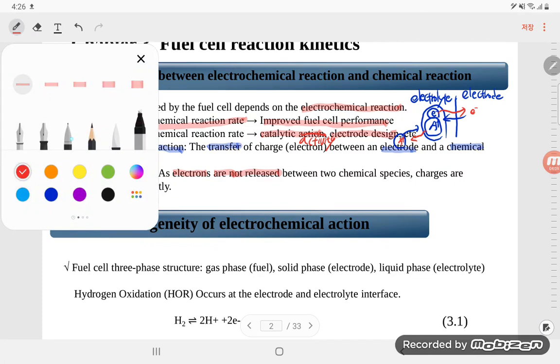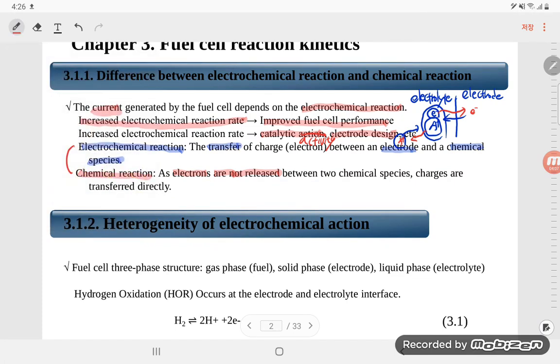Then how can we draw this one? If there is a proton and electron pair, and the other a proton plus electron, and they meet together in the space and share the electron together, the electron is not released to the outside of the chemical species.